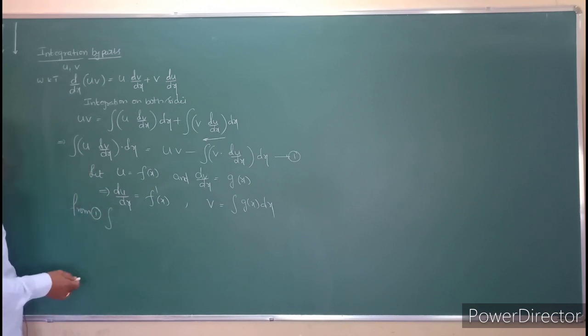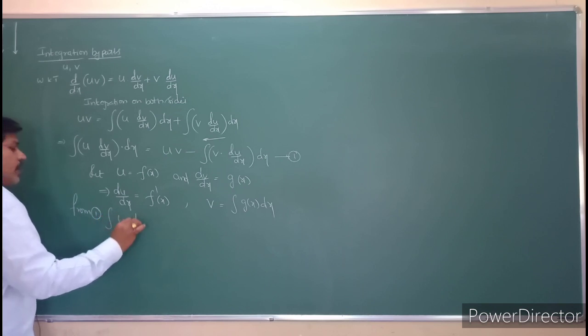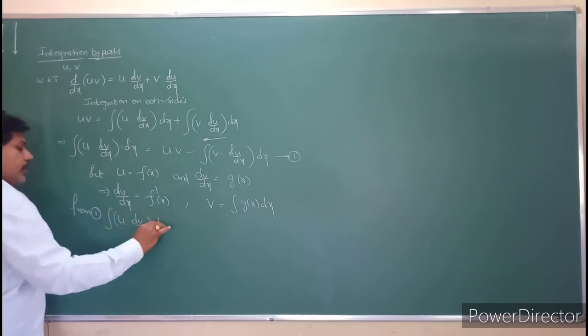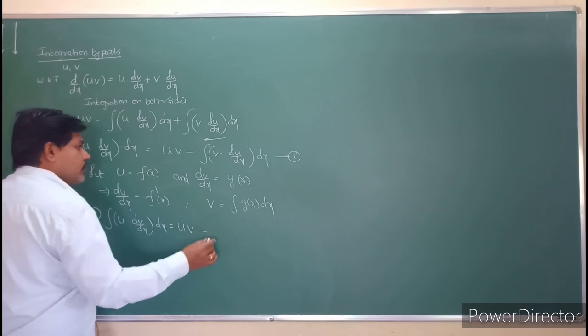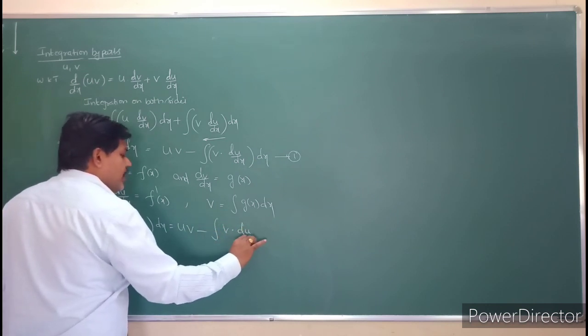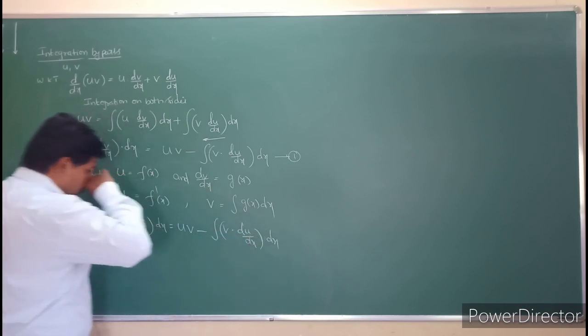From equation 1, the integral of u into dv by dx into dx is equal to uv minus the integral of v into du by dx into dx. See that carefully.